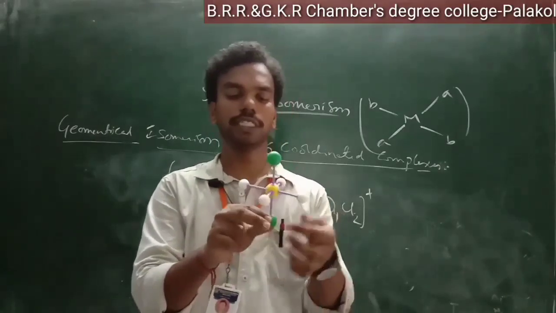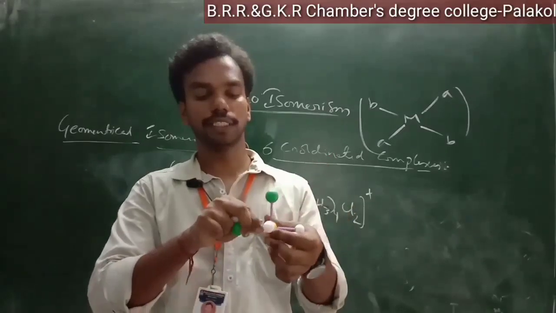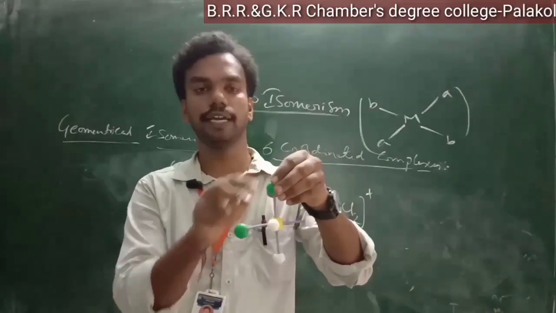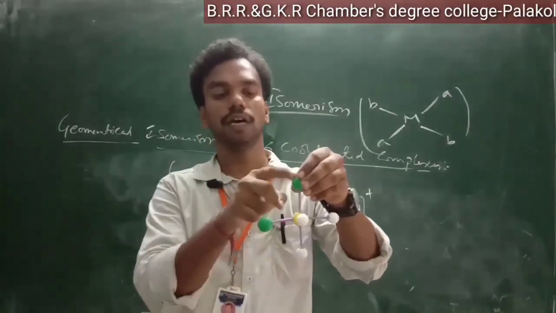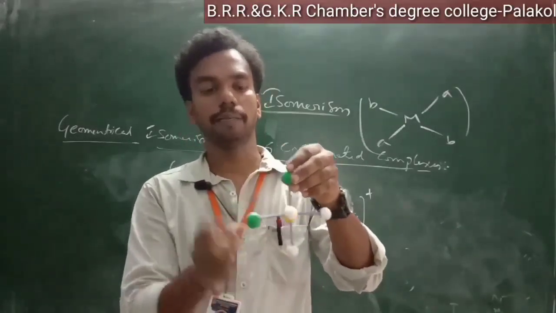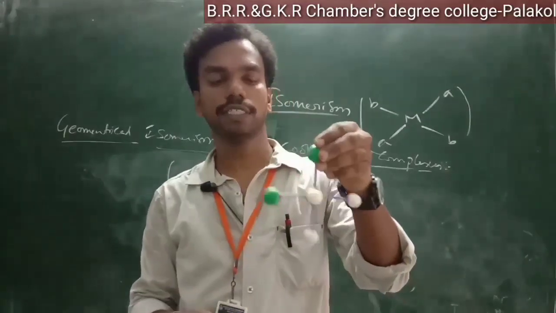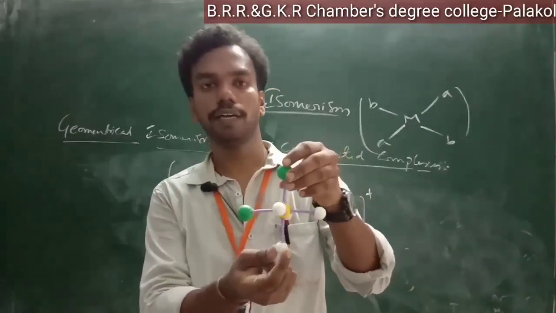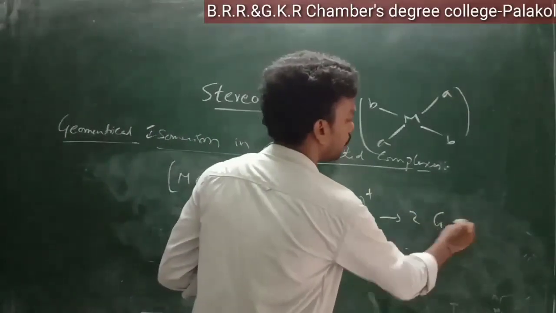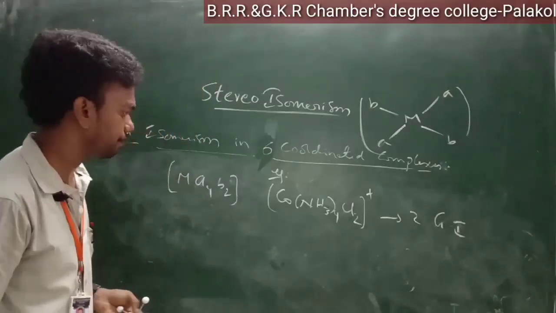If you interchange these two ligands, you get the cis isomer, because the 1,2 positions are cis. These two ligands are adjacent to each other. In the previous case, the 1,6 positions are trans, on opposite sides, but here these two positions are cis. So this complex shows two geometrical isomers.